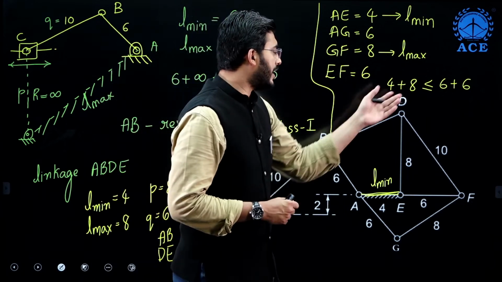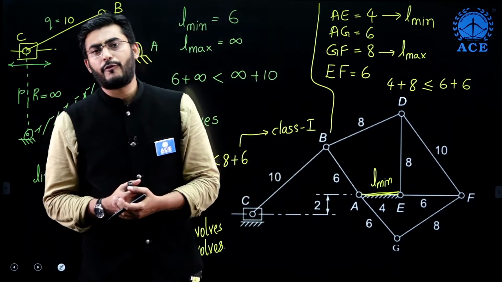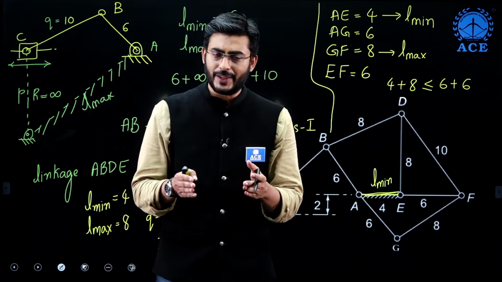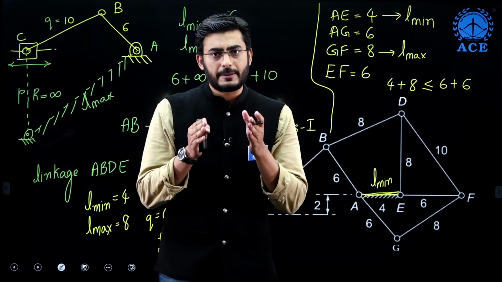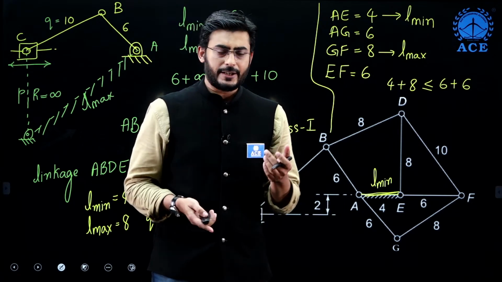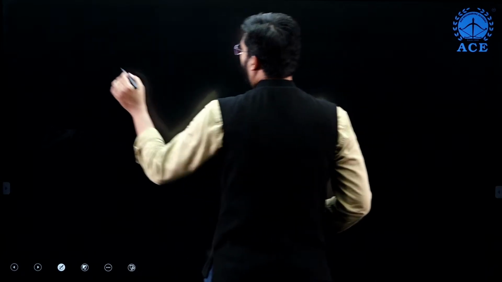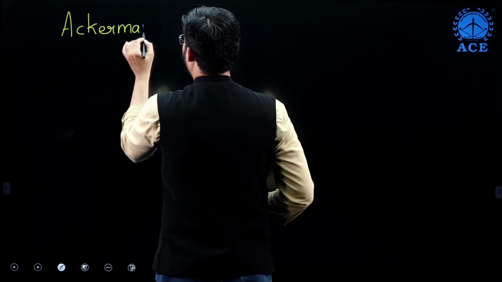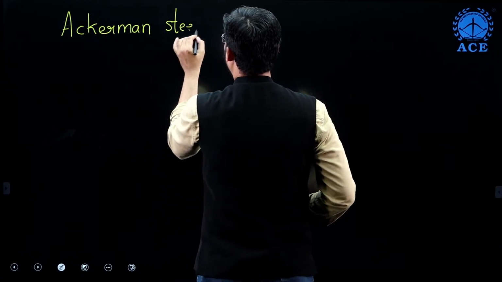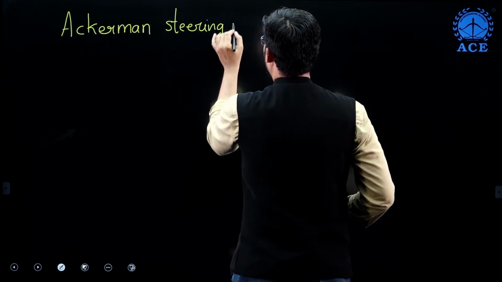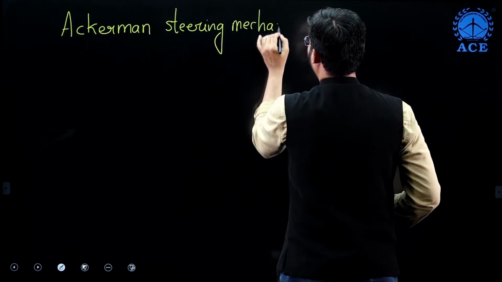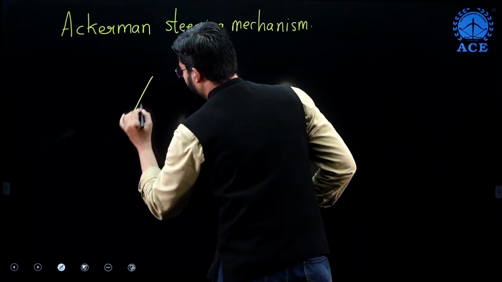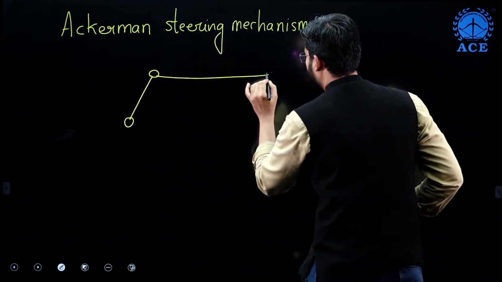So here is the condition, and an example of a non-Grashof linkage is the Ackermann steering mechanism, which is a part of the ESE syllabus. This is for ESE guys. In the Ackermann steering mechanism, you will have one link like this and another link.